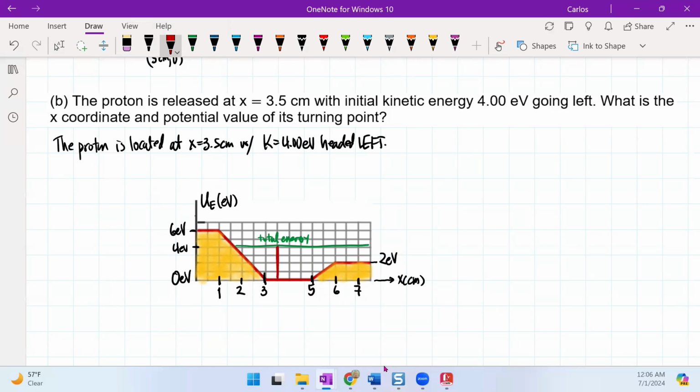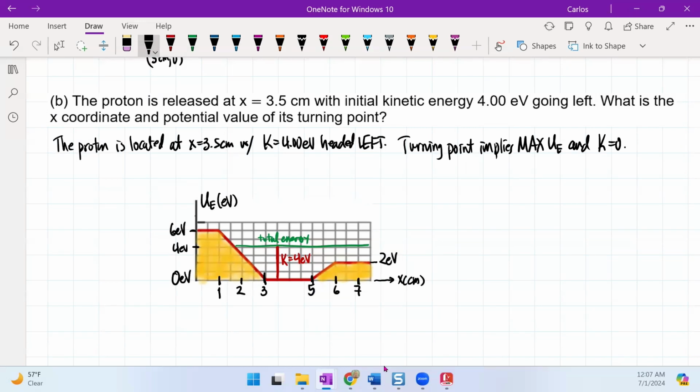This red line represents the kinetic energy, which is 4 electron volts. And we know we are going to the right. So when we say a turning point, a turning point implies maximum electrical potential energy and kinetic energy equal to 0.